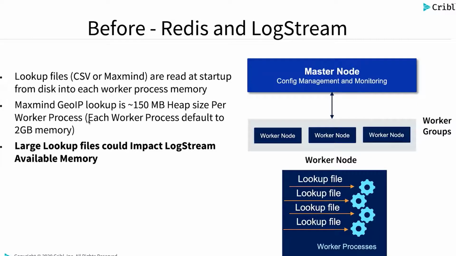And considering that each worker process by default was designed to work with 2 gigabytes of memory, that means that for very large lookup files, this kind of requirement of loading the lookup files into the worker process memory could impact LogStream available memory.